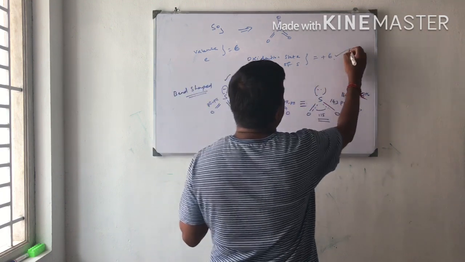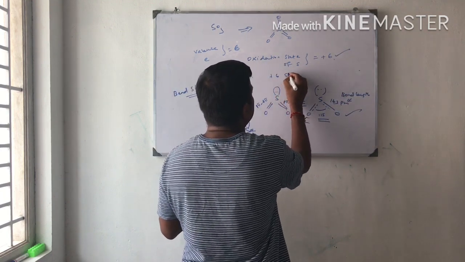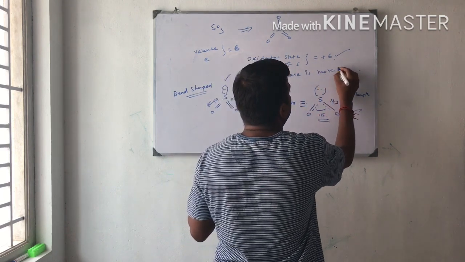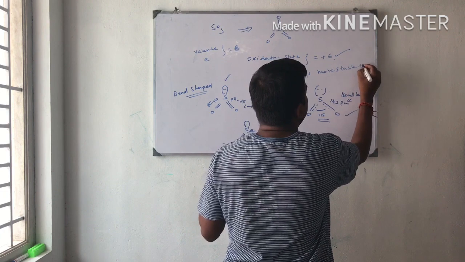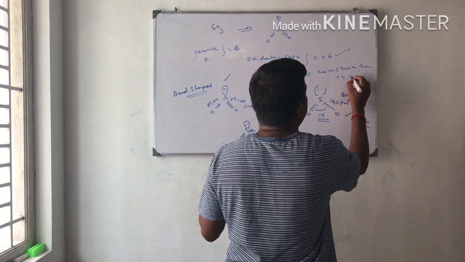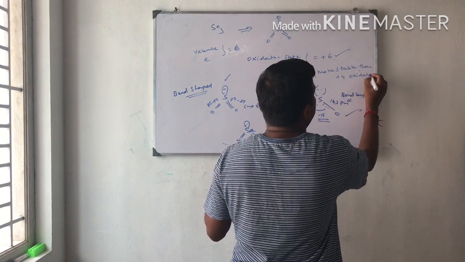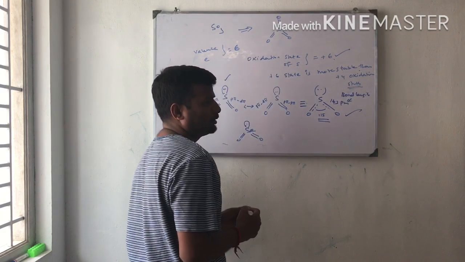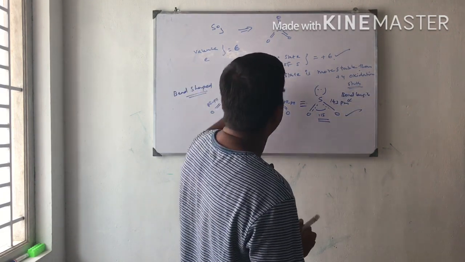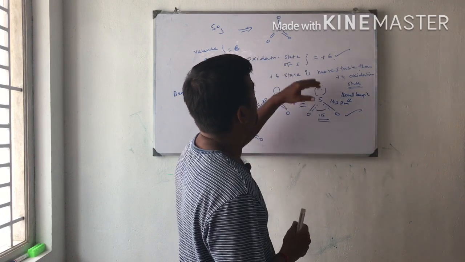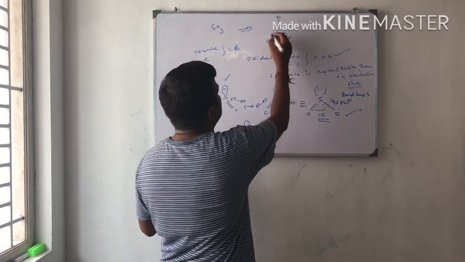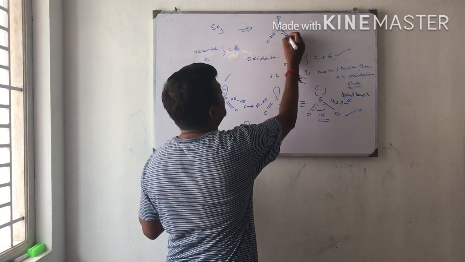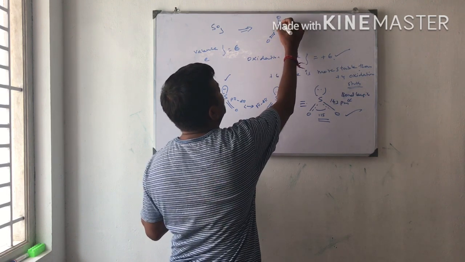This +6 state is more stable than the +4 oxidation state. We learned this in chapter 2, Fajan's rule and that topic. If the charge increases, stability also increases. This is called the SO3 molecule.